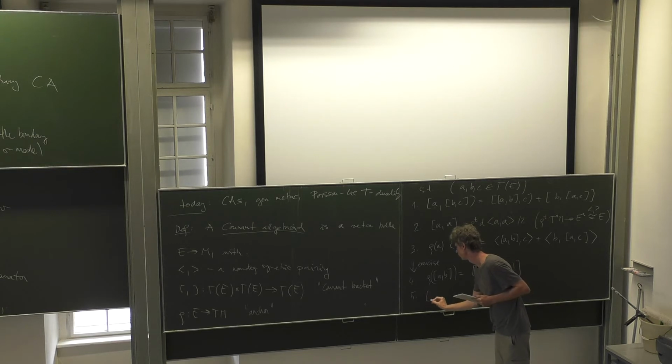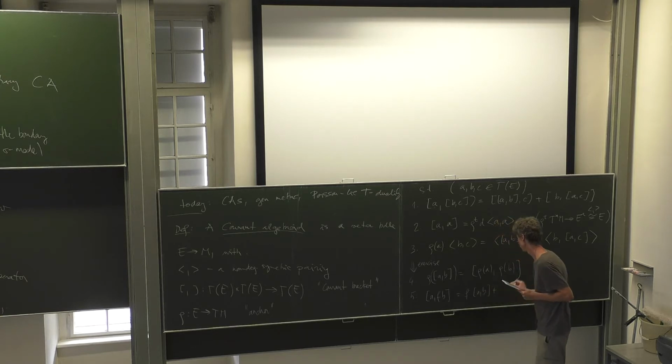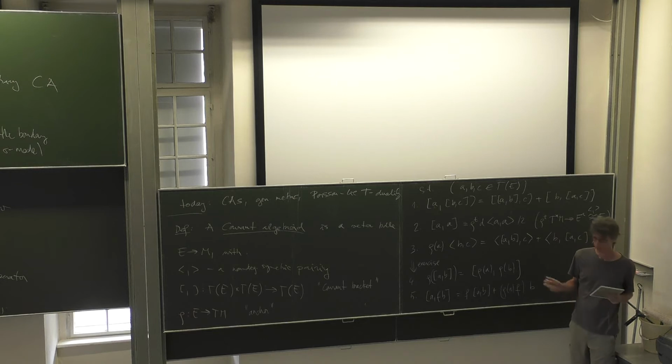So the bracket of A with fB, if f is any function, is the same as f times the bracket of A and B, plus rho A acting on f, multiplied by B. Okay. I imagine this is completely useless to write down, but probably I had to do it anyway.